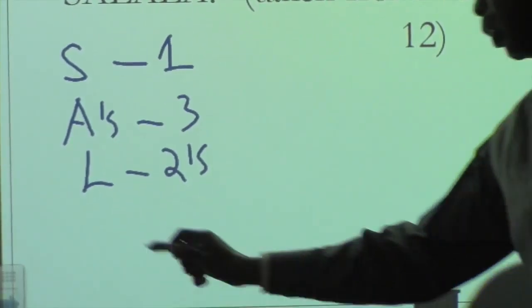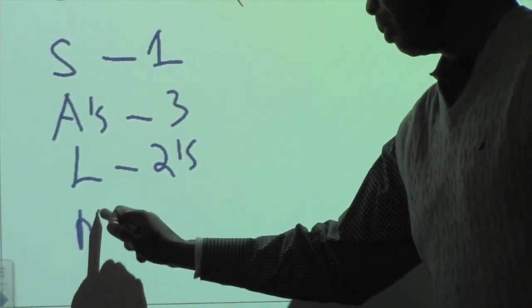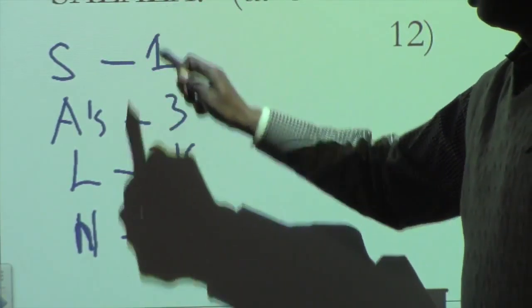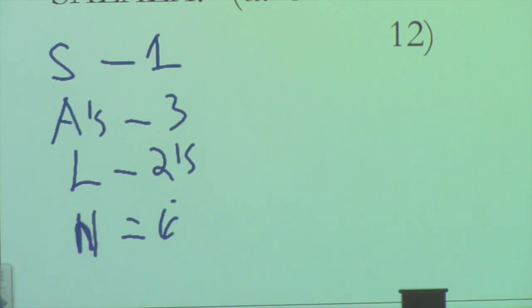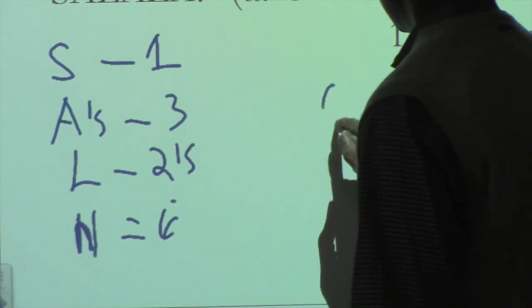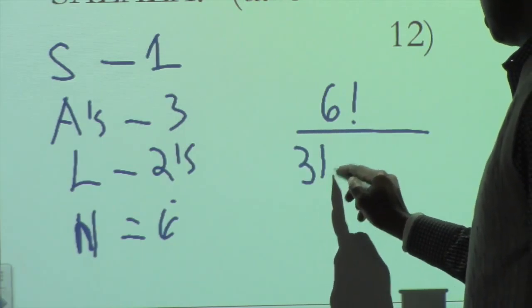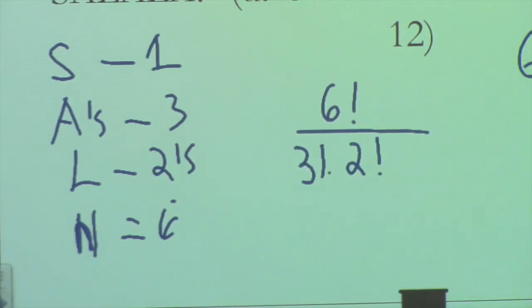So, our total number of elements we have here would be basically what? 6, right? 1, 2, 6. So we say 6 factorial over 3 factorial, 2 factorial. And it's kind of insignificant to write the 1 factorial, so I'm not even going to put the 1 factorial down.